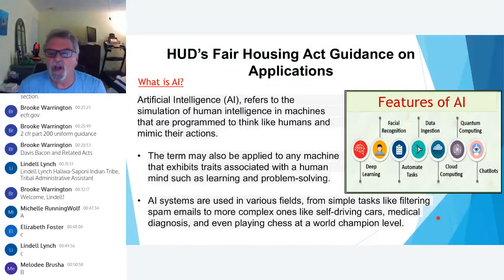So, a screenshot over on the right, a little matrix of different types of AI functions, from deep learning to facial recognition. See that on the top left? If you fly as much as I do across the country, you would be familiar with a system called CLEAR. CLEAR is a biometric system.